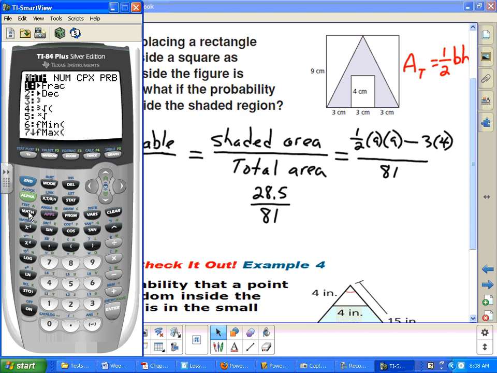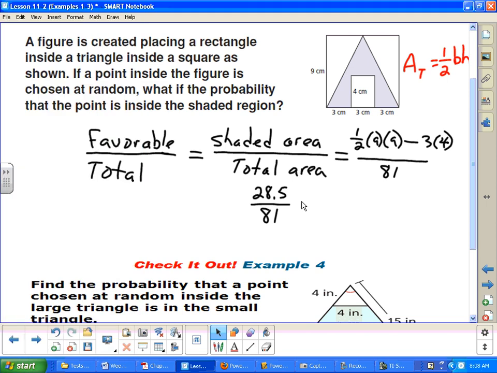But if I go math, fraction, I can convert that back to a fraction, which is 19 over 54. And so the probability that a point lands inside the shaded area is 19/54. And all it is is the ratio, the area of the shaded portion over the area of the whole thing.